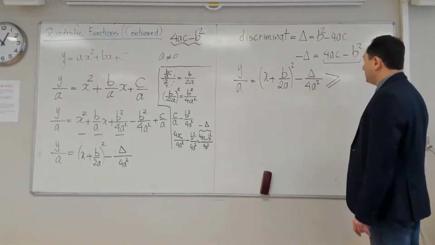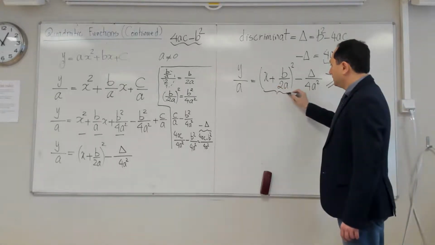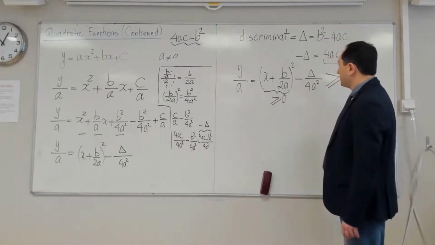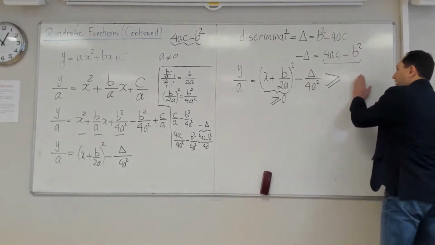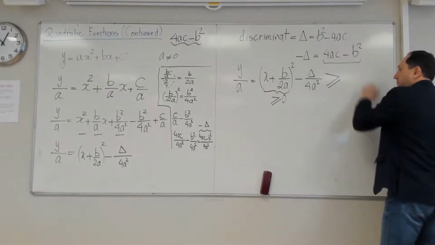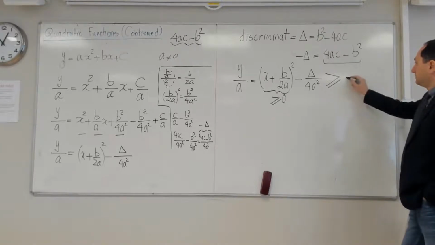It is greater than or equal to something, yes? Because this one is greater than or equal to 0 because of this power 2. So can you tell me what should I write here? The whole expression is greater than or equal to what? Negative delta over 4a. Exactly, thank you.